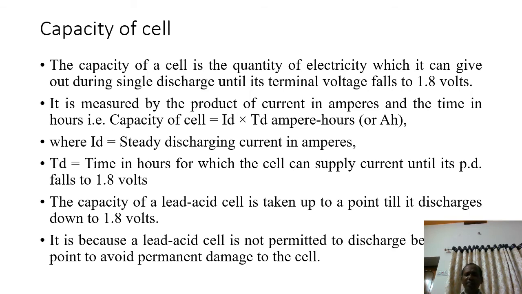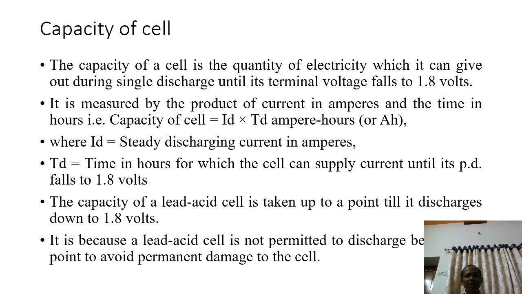The capacity of a lead acid cell is taken up to a point till it discharges down to 1.8 volts, because a lead acid cell is not permitted to discharge beyond that point, to avoid permanent damage to the cell.